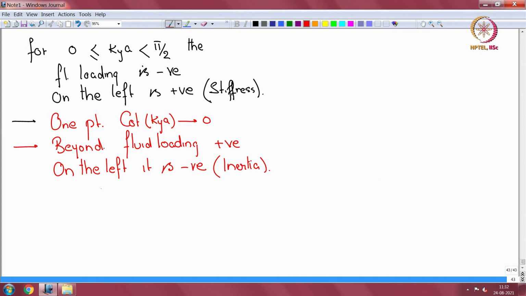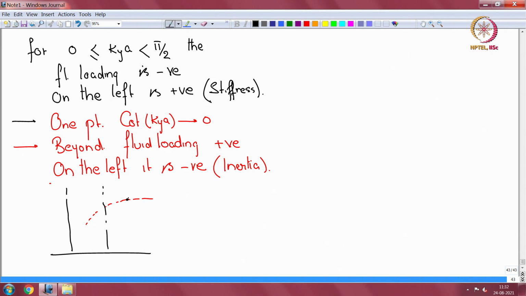So then what happens? If we look at that picture in the localized picture here, my original flexure is moving like this, and somewhere I am beyond coincidence, and somewhere the cot ky is 0.